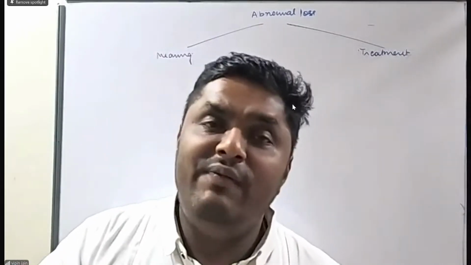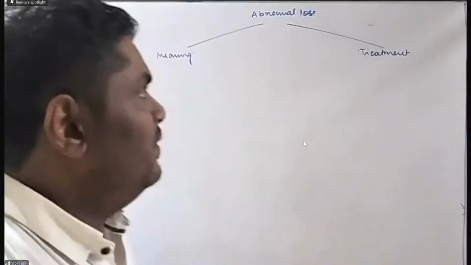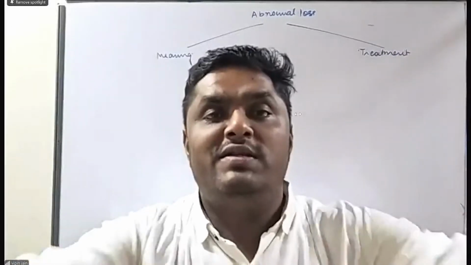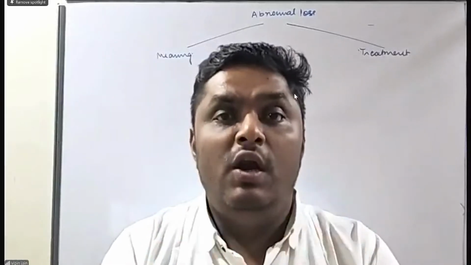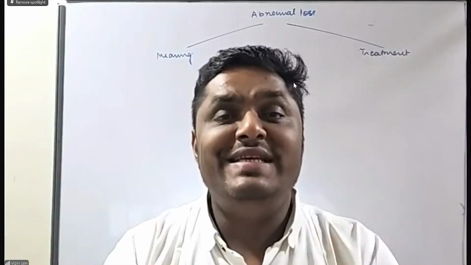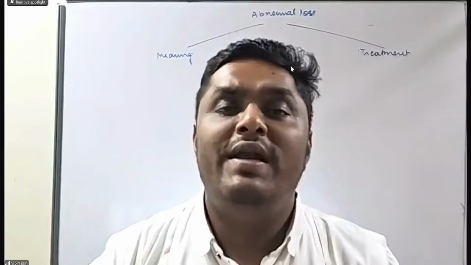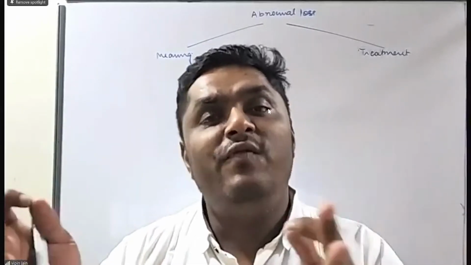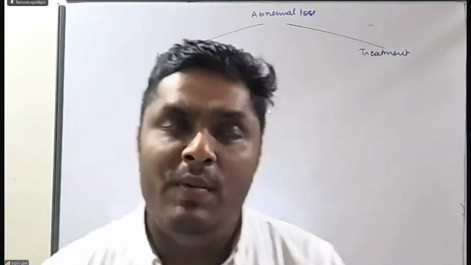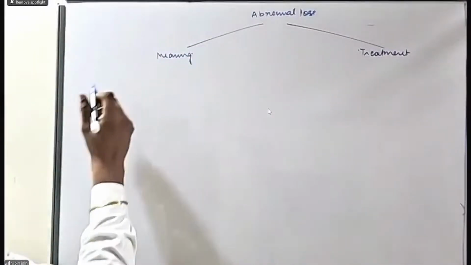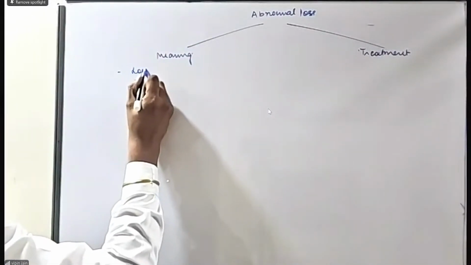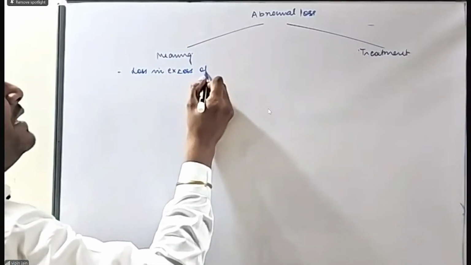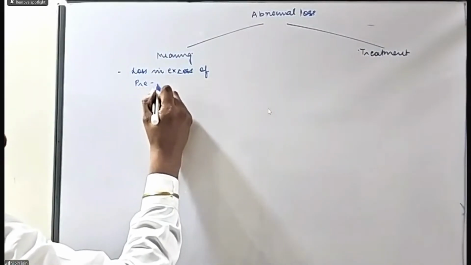So now let's start with abnormal loss. When talking about abnormal loss, what is abnormal loss? The loss in excess of normal loss is what we call abnormal loss. The loss in excess of predetermined loss.